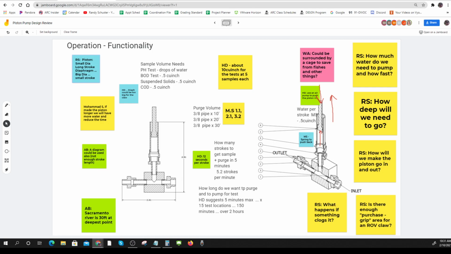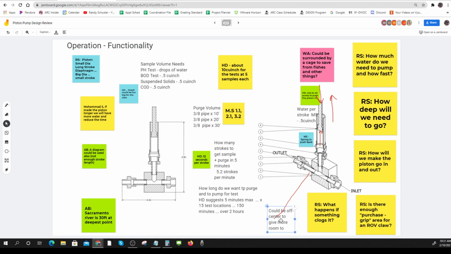Is there any reason for these holes to be in the center of this block? I'm going to suggest no. So do you guys agree with that?